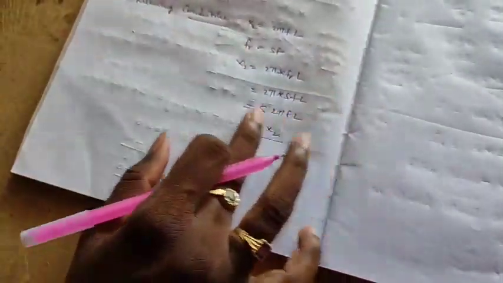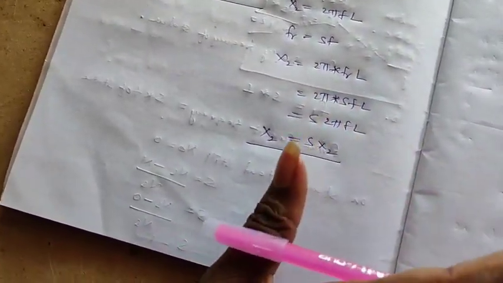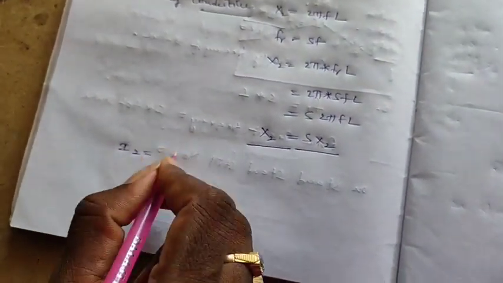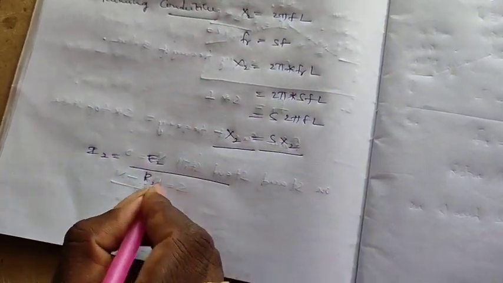Under running condition, reactance of the rotor is slip times X2. Substitute this value. So I2 equal to E2 divided by square root of R2 square plus (sX2) whole square.